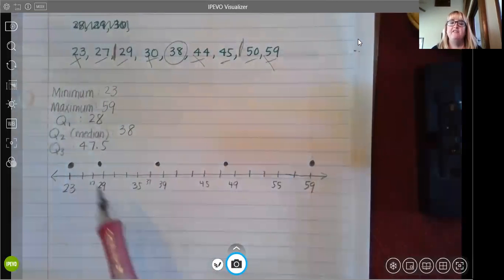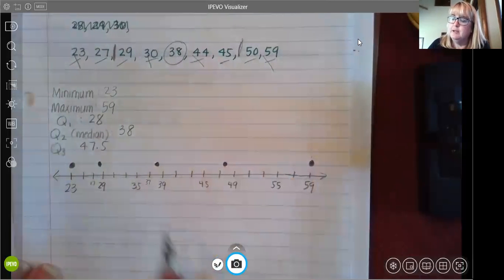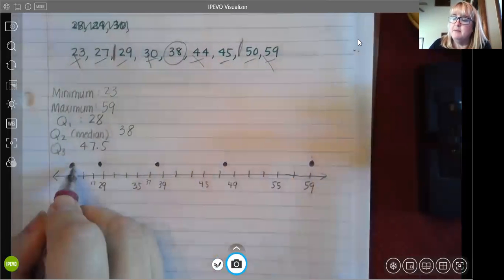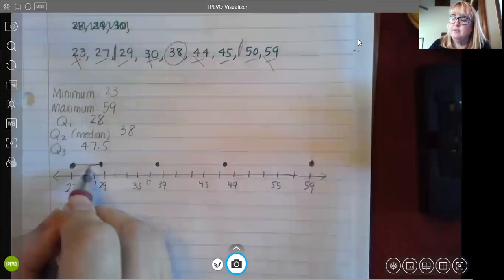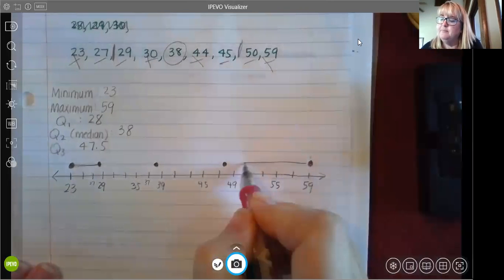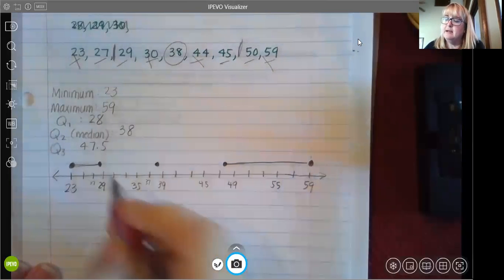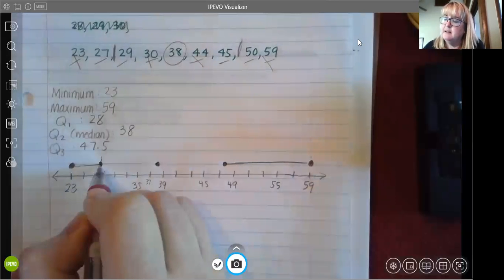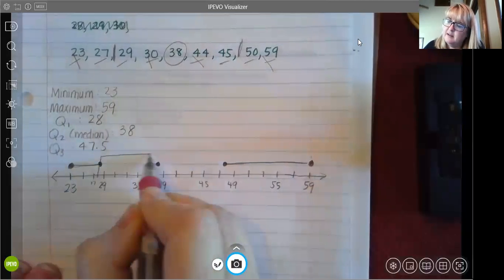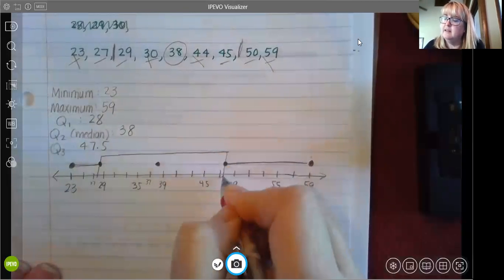Now I've got my 5 points, and you're going to connect your minimum to Q1, your maximum to Q3, okay? And then you're going to make a box in the middle like this.